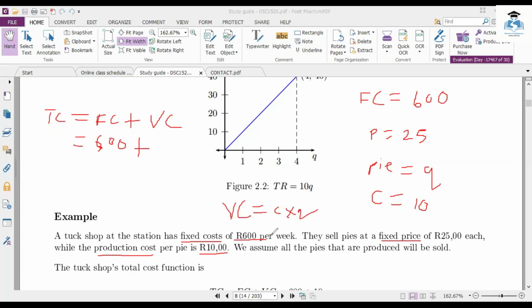Times Q. So C is 10 times Q, which is 10Q. So then TC is equal to FC plus VC, which is equal to 600 plus 10Q.